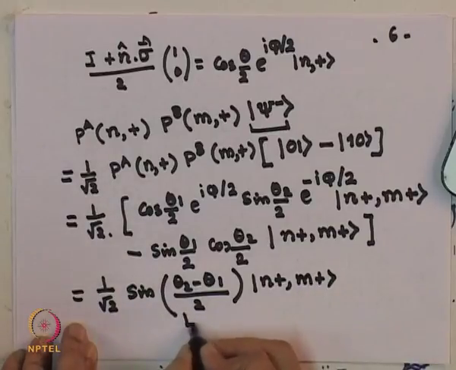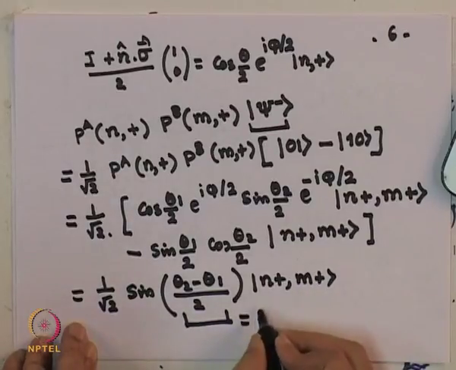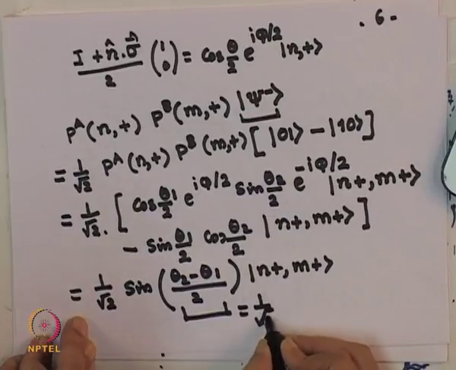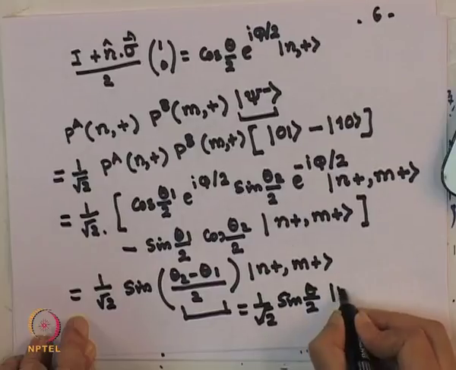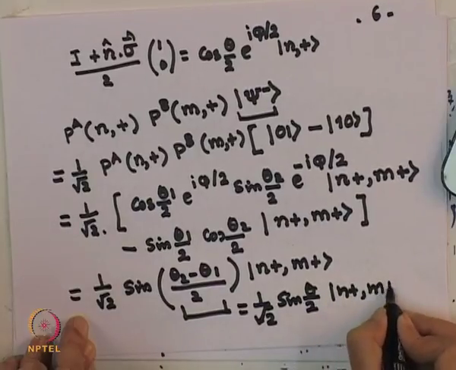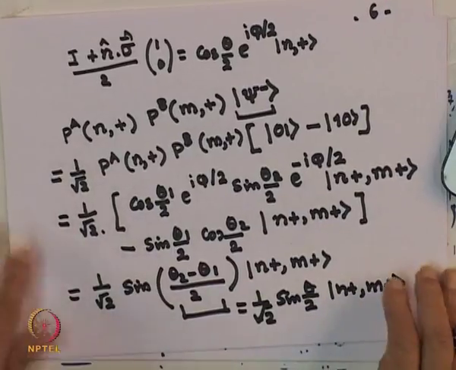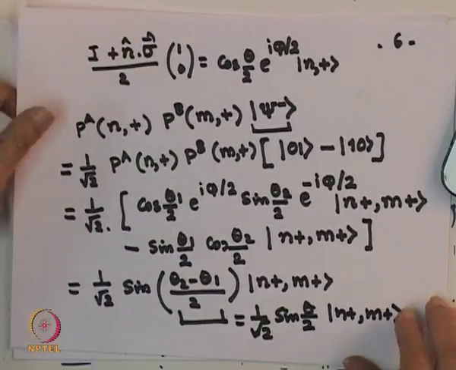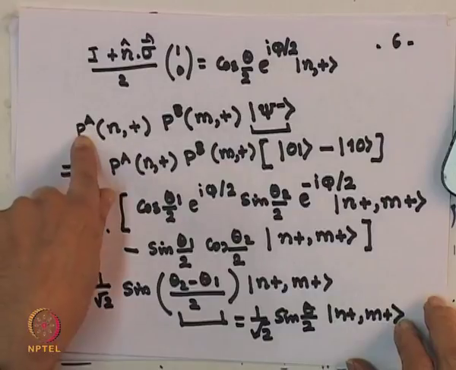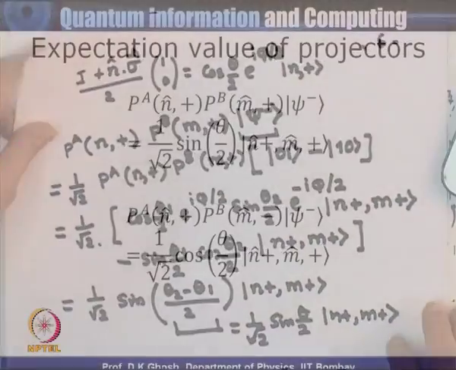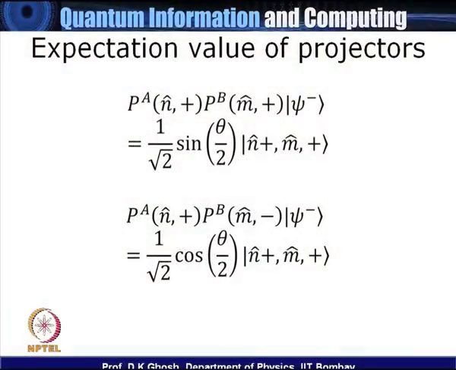And if the angle between the two axes is theta, this is simply equal to 1 over square root of 2 sine theta by 2, n plus m plus. Now I can do the same calculation for the other three projection operators and get results which are tabulated in these slides.